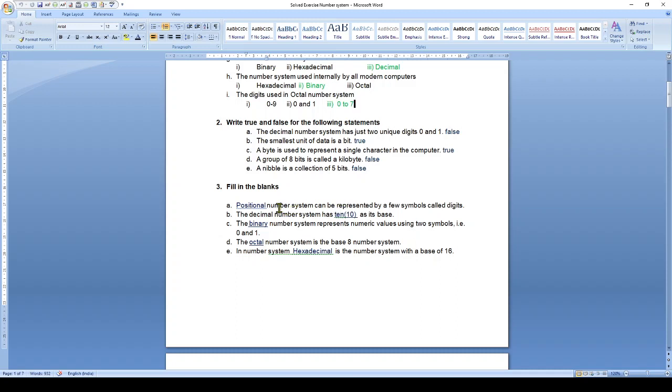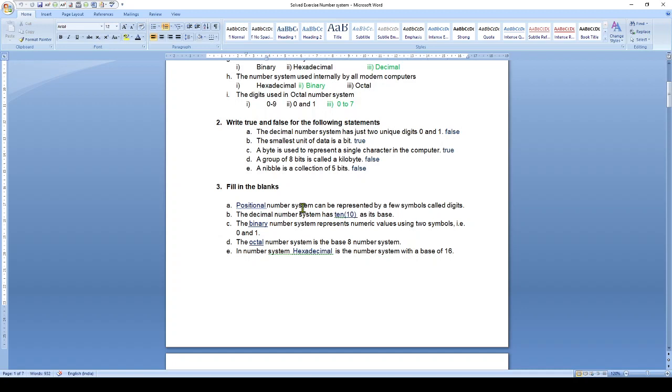But what about non-positional number system? Any digits or any kind of symbols, anything can be used to represent the values. So the additive approach is used in a non-positional number system. There is no specific set of symbols or digits used in case of non-positional number system.